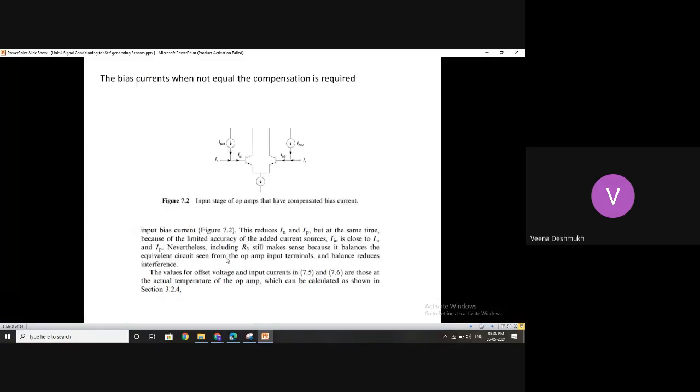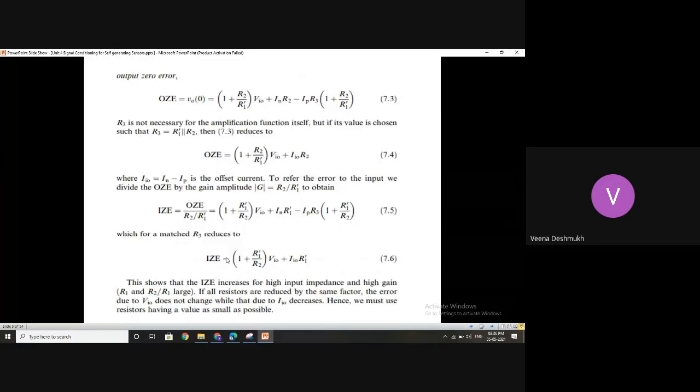So these are the two errors, output zero error and input zero error. This is how you can calculate. If there is a difference in the bias voltages, you get these two voltages. By adjusting the resistor values, say R1, R2, you can minimize these zero errors.